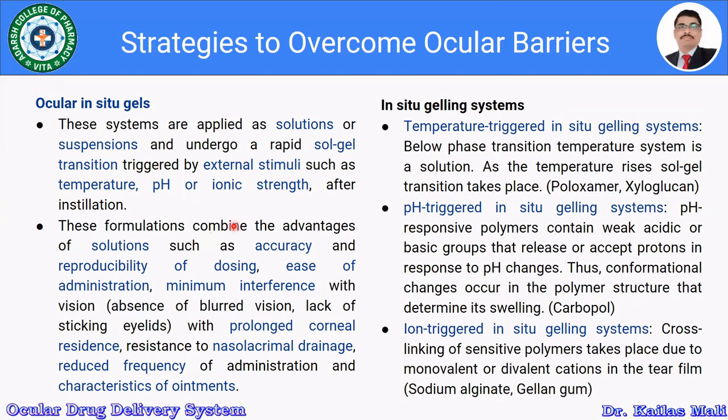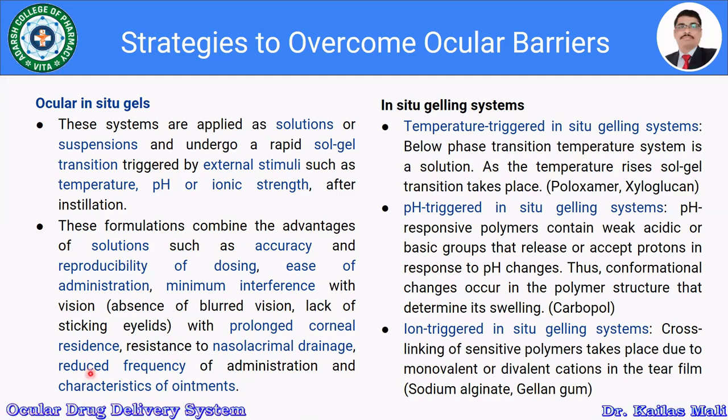These formulations combine the advantages of solutions, such as accuracy, reproducibility of dosing, ease of administration, and minimum interference with vision, that is, absence of blurred vision and lack of sticking eyelids, with a prolonged corneal residence, resistance to nasolacrimal drainage, reduced frequency of administration, and the characteristics of the ointment.